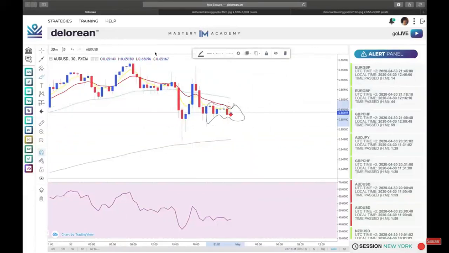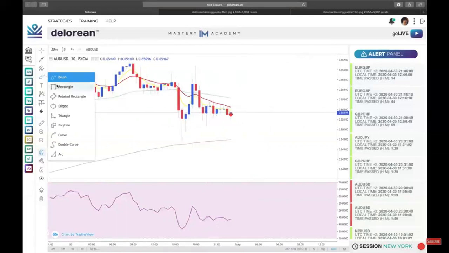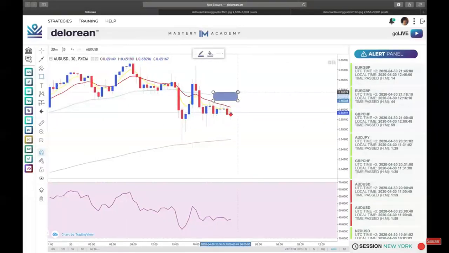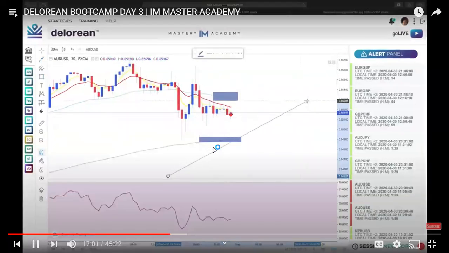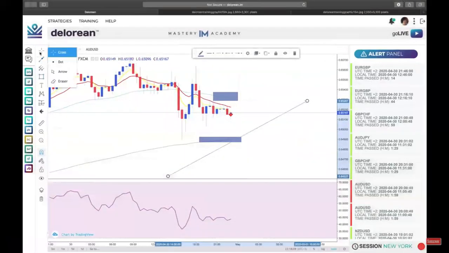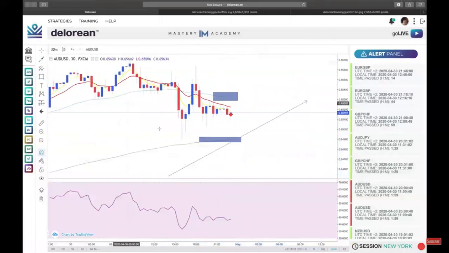So what goes on in Patrick's head for boot camp? Well, how I would look at this is I would say we've got aqua here and we've got gray here. The aqua is above the gray, meaning I'm only looking, if I can help myself, for long, upward positions, only looking to buy Aussie dollar.